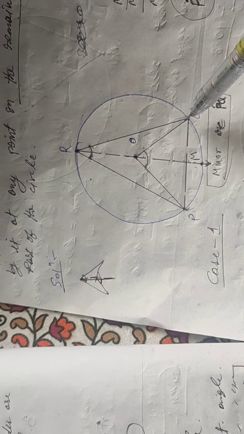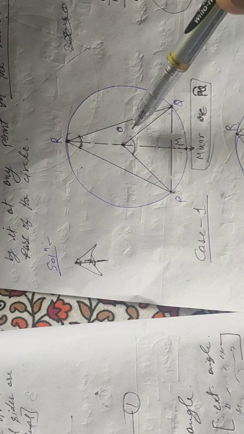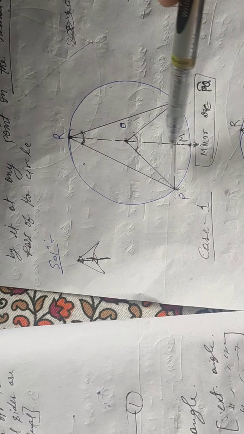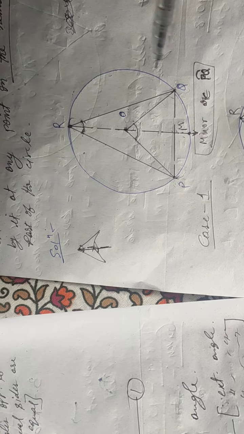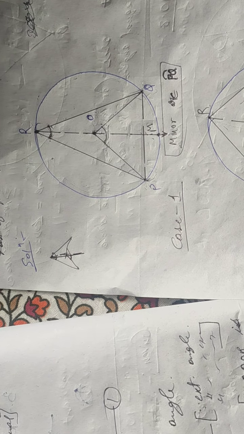Now we will be taking triangle QOR, and angle QOM is my exterior angle.